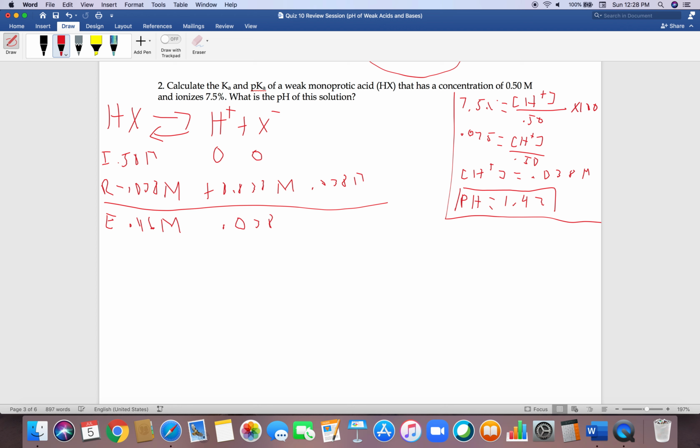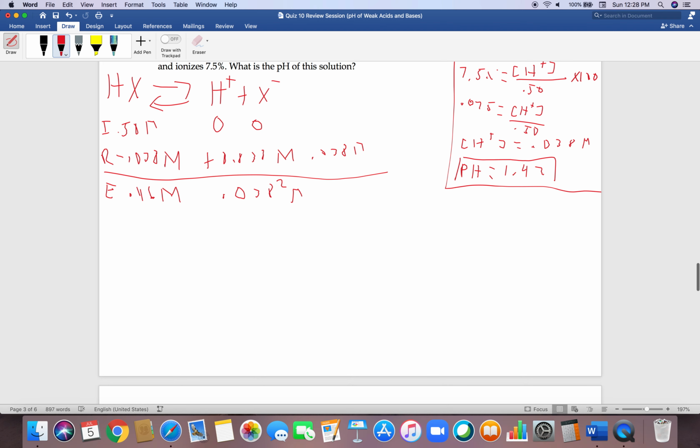0.038 squared of product. So to find the Ka, I would make the Ka expression, which would equal the hydrogen ion concentration at equilibrium times the anion concentration over the undissociated acid, and that's going to equal 0.038 squared divided by 0.46.